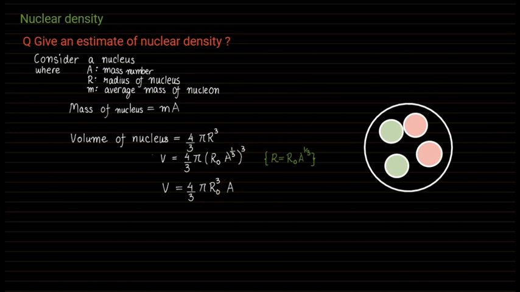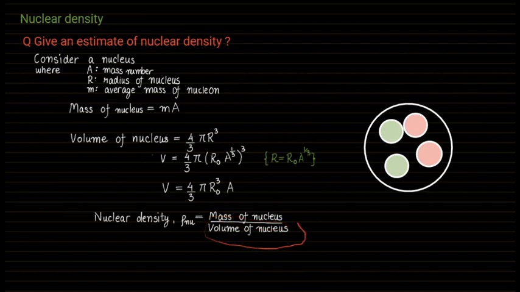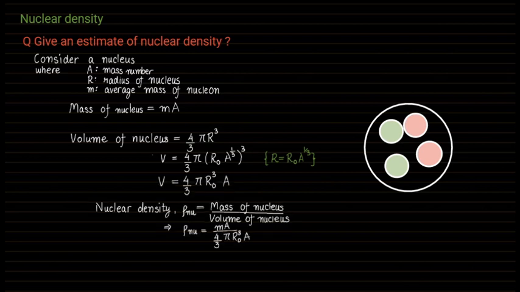Fine. So the nuclear density is defined as the mass of the nucleus upon the volume of the nucleus. So the mass of the nucleus is given as mA and the volume is given as 4/3 pi r naught cube multiplied with the mass number A. On further simplification, I can write this denominator 3, it will go to the numerator, and this A and this A will get cancelled.